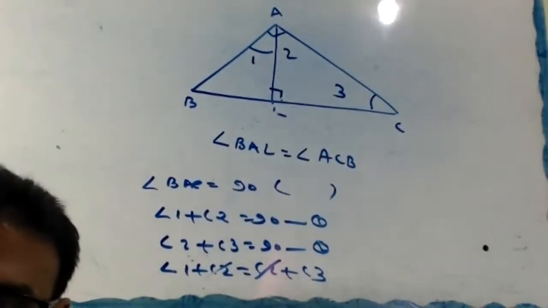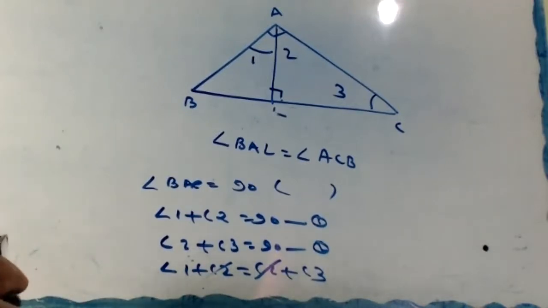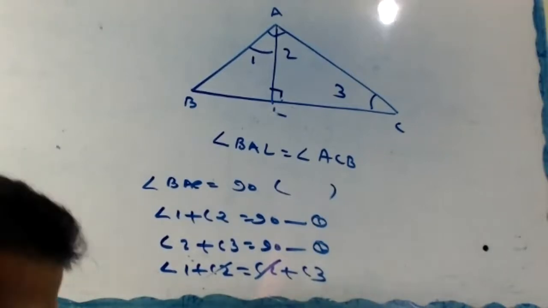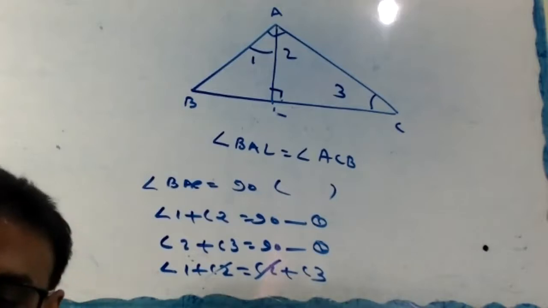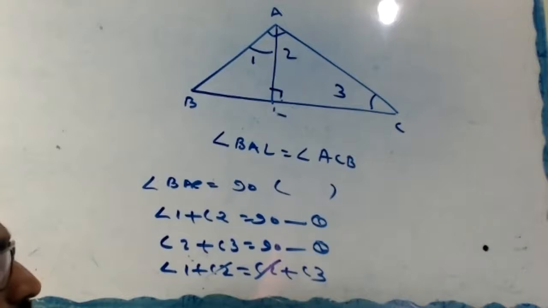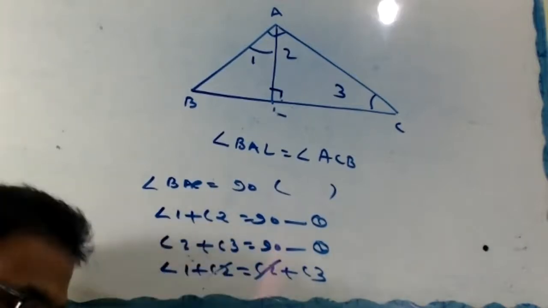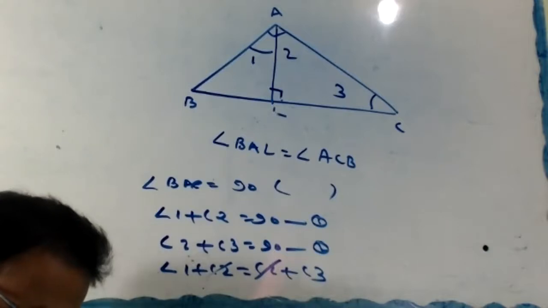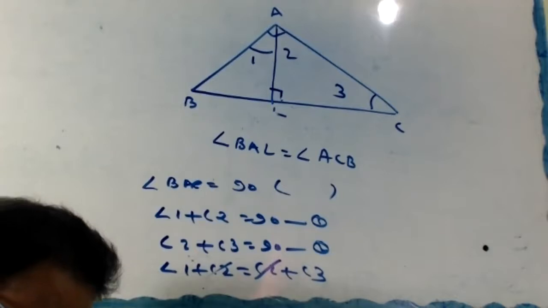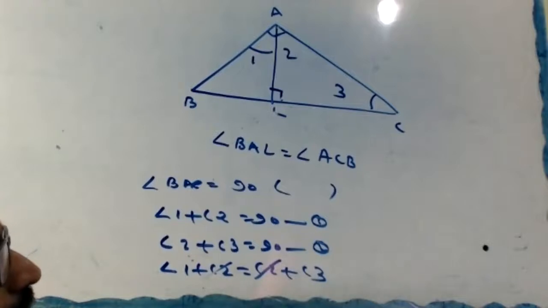Next line, proof. I'm giving the note now. Listen. Proof: angle BAC is 90 degrees, given. Therefore, angle 1 plus angle 2 is 90.